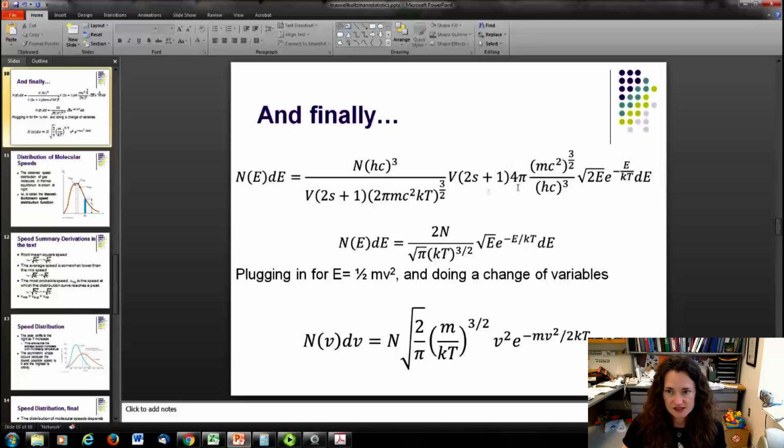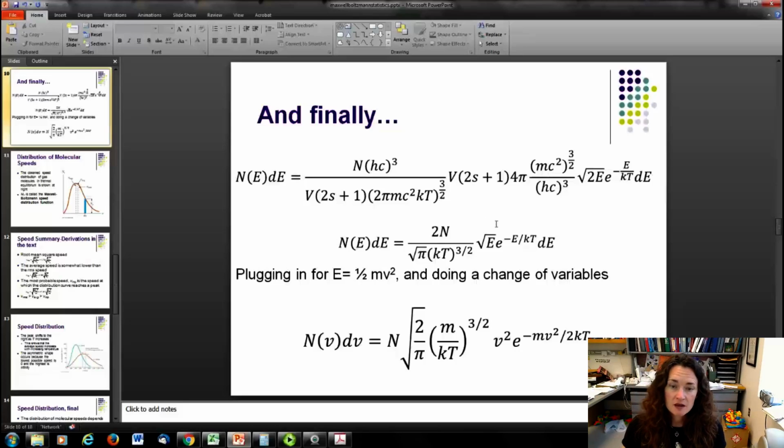Make sure that you understand it and can derive it yourself. What I end up with is n of E dE equals 2N over root pi, (kT) to the 3/2, square root of E, e to the minus E over kT dE. And that's it. That's our expression for the number density for the Maxwell-Boltzmann distribution function.